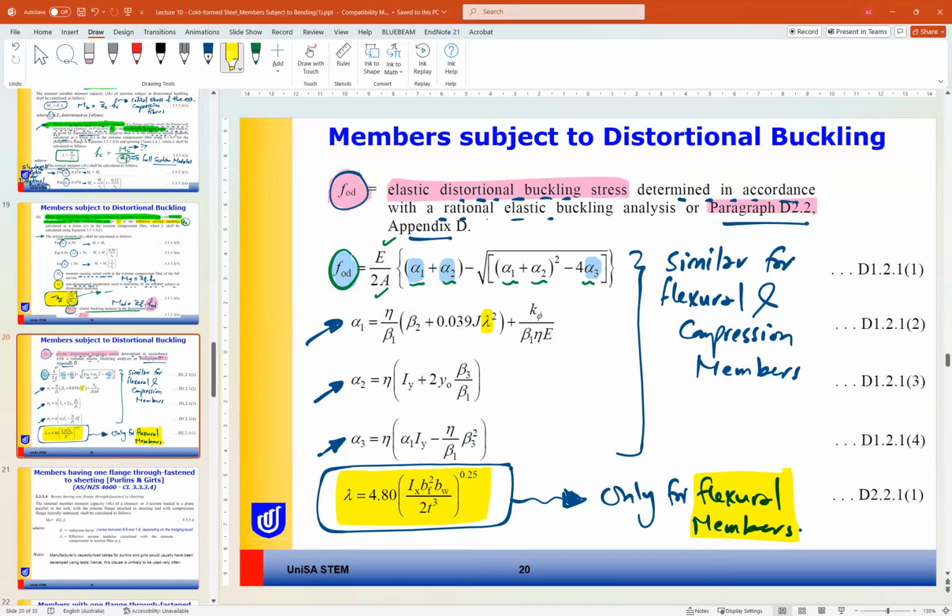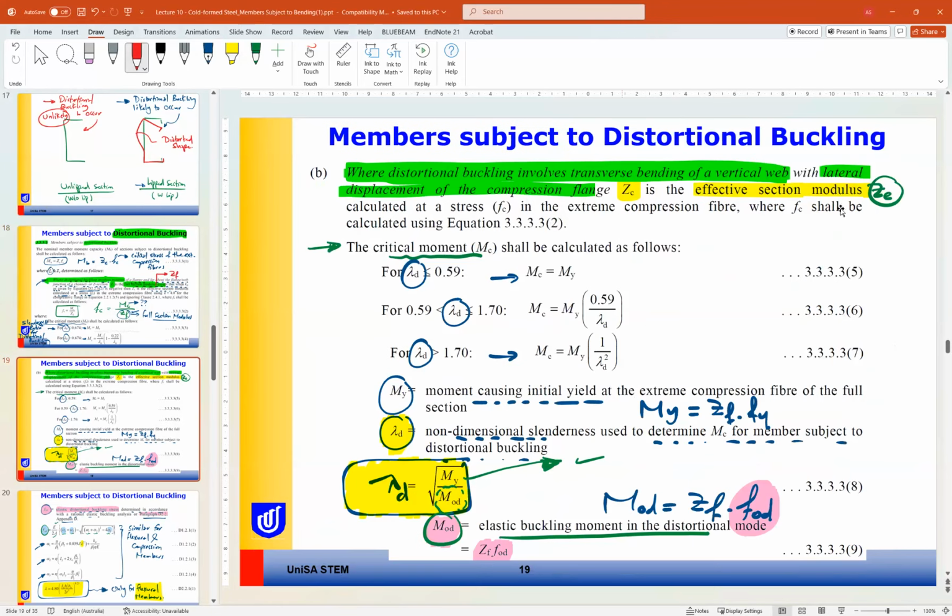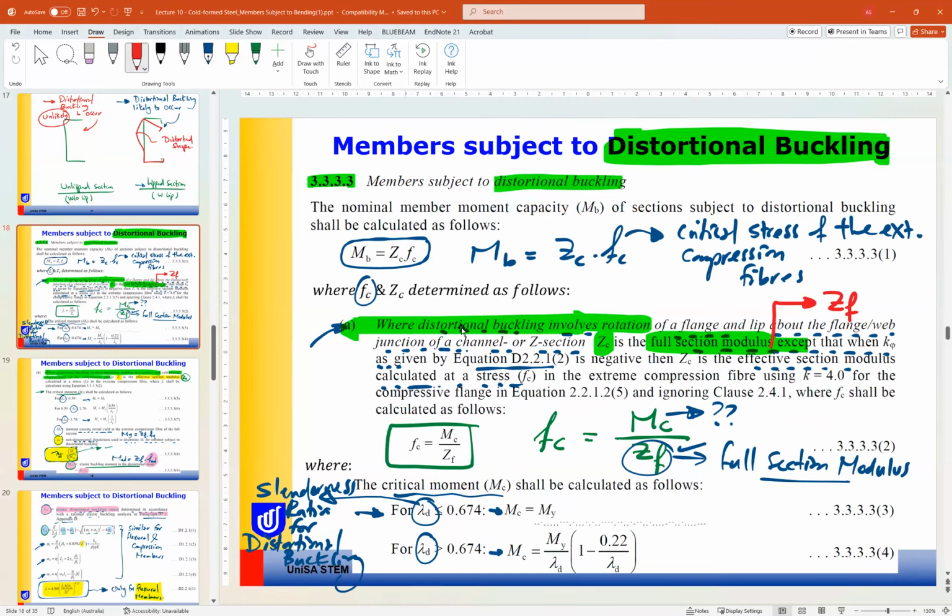Okay, so let's summarize this part here for the distortional buckling. So for the distortional buckling, to find MB, you need ZC and FC. ZC is okay, either case A, so ZF, or ZE if it is case B. So if you know ZF or ZE, so ZC is okay.